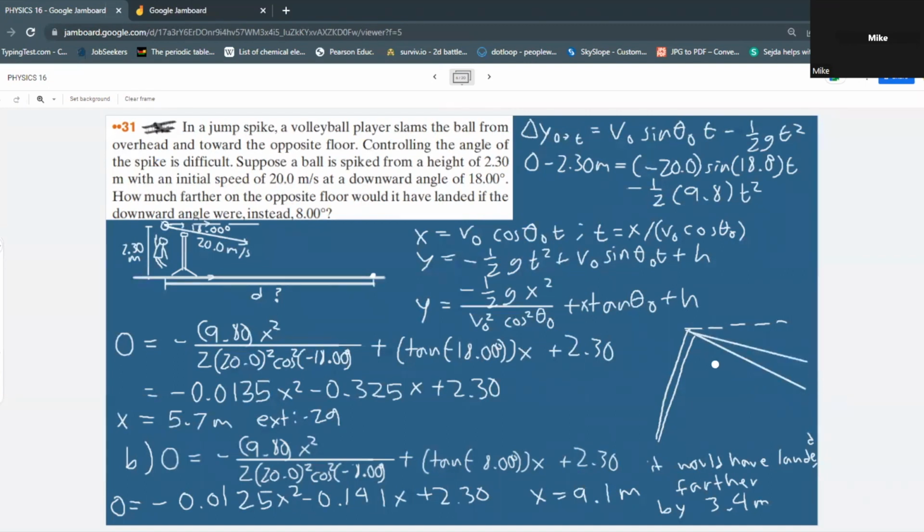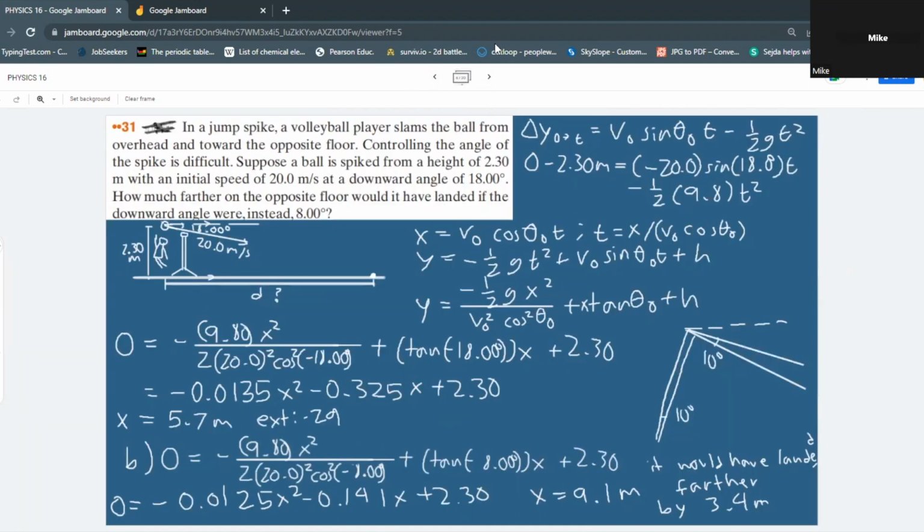So 18 and the other 8, so 10 degrees of difference. Just 10 degrees in the angulation of your arm, which is super small in the heat of the game. Imagine, 3.4 meters change, and you only moved 10 degrees.